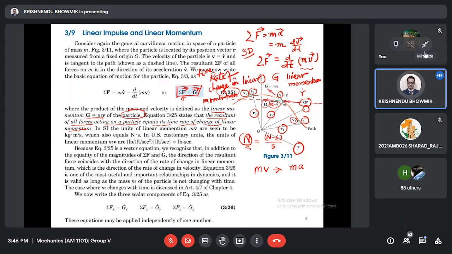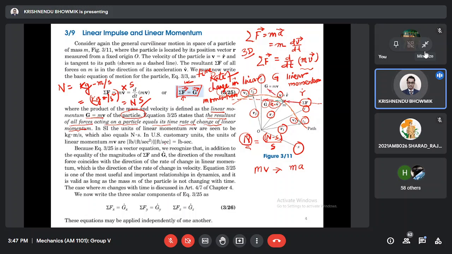We can also write it directly: Newton equals mass times acceleration, so momentum is kg meter per second. If you want to convert, kg meter per second squared multiplied by second is Newton second. As this is Newton second, divided by time it gives the same unit as force, Newton.